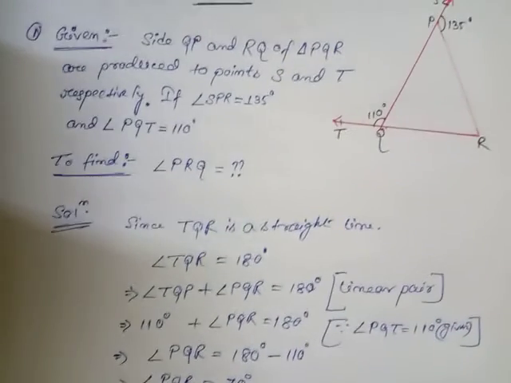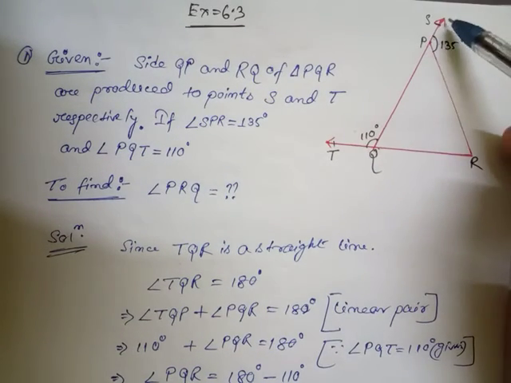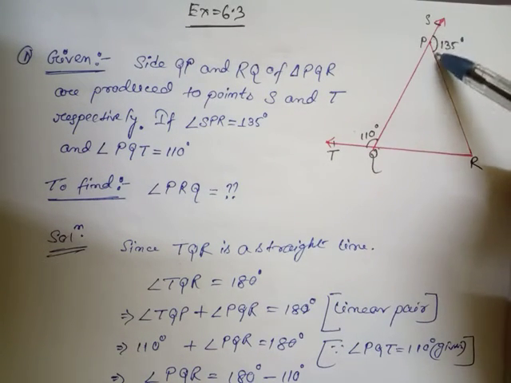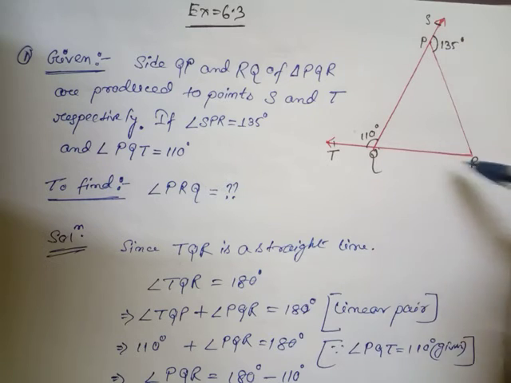If it is produced to S, this is the exterior angle, so we'll write down here that the exterior angle is equal to the sum of the opposite two interior angles.